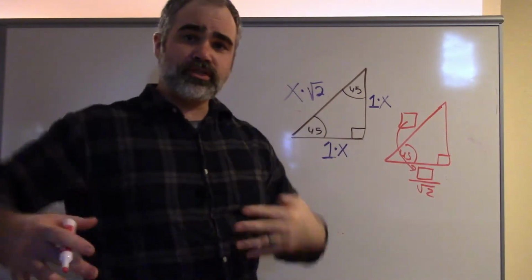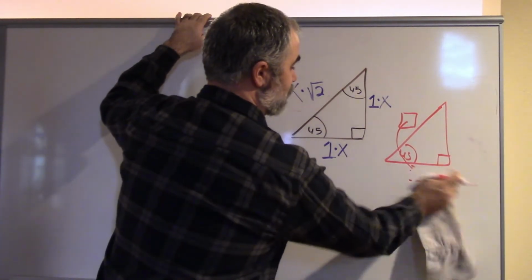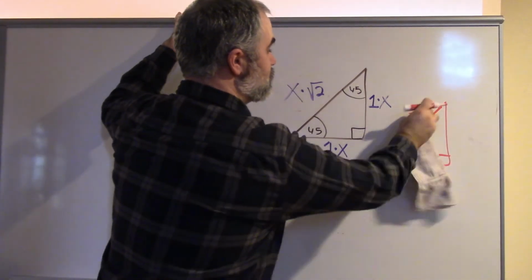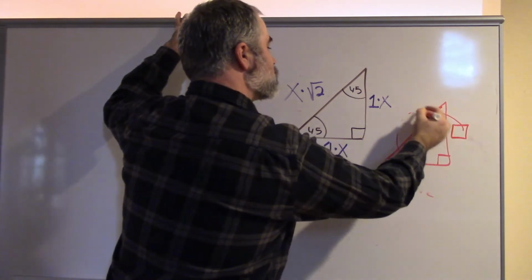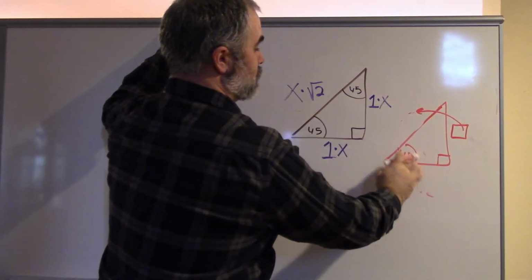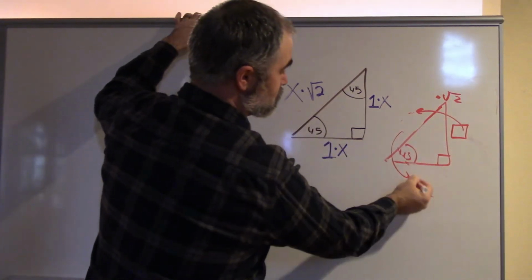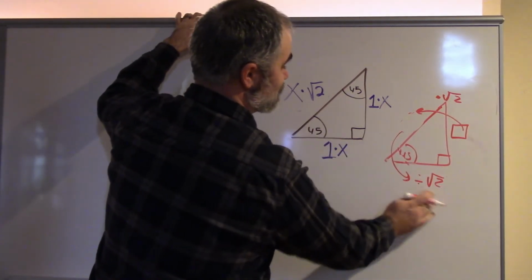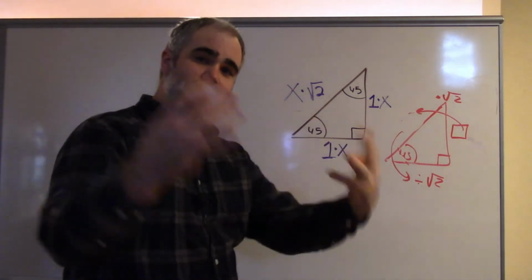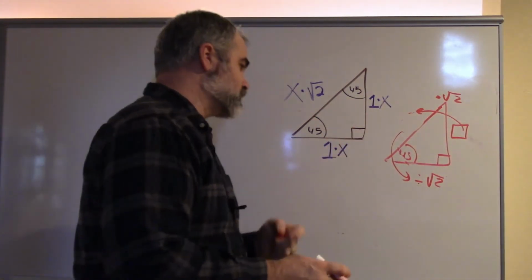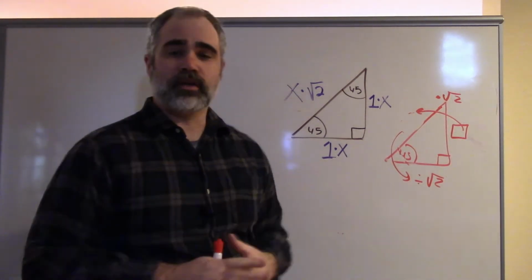If you start with the small side though, and you want to find the big side, the hypotenuse, all you need to do is multiply by the square root of 2. So if you're getting bigger, you multiply by square root of 2. If you're getting smaller, you divide by square root of 2. And that's all it is. Okay? And that's the cool thing about the special right triangles. They give us these great shortcuts that allow us to find very complicated problems, and that makes them very easy.